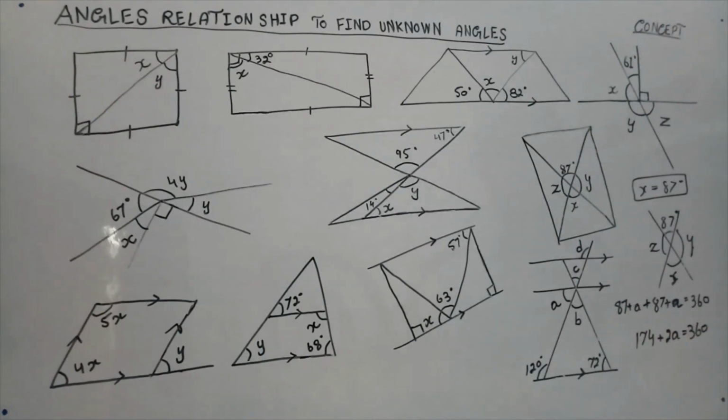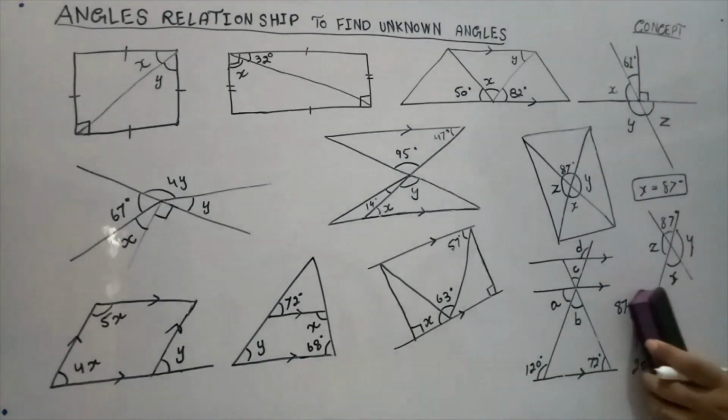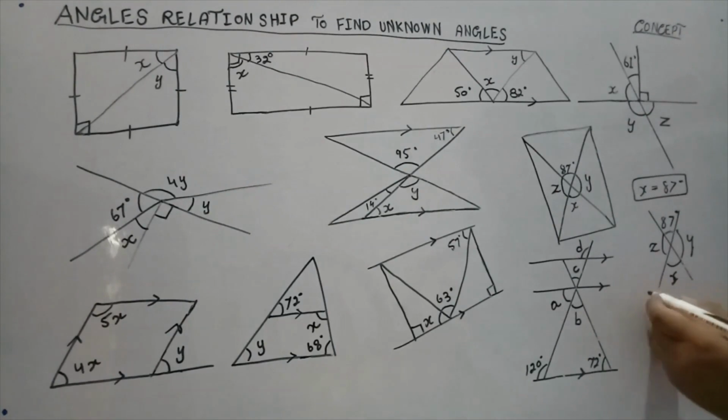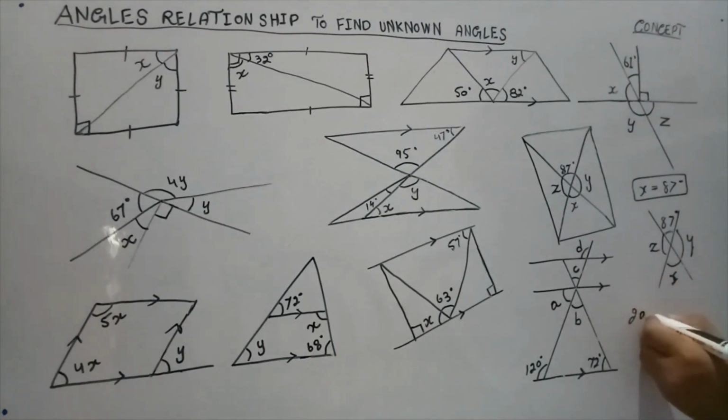Now if I subtract 174 on both sides, here we are left with 2a, and here we have 186 degrees. 2a will be equal to 186 degrees.